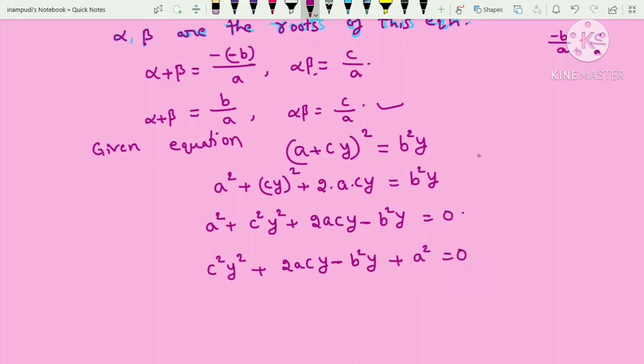This can be written as c²y² + y is common, (2ac − b²)y + a² = 0.